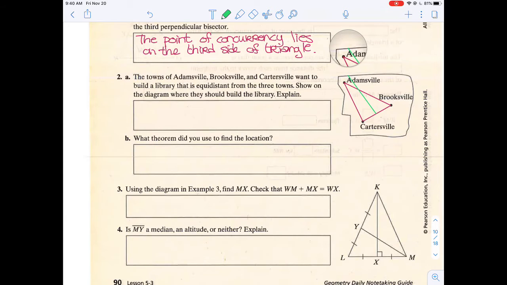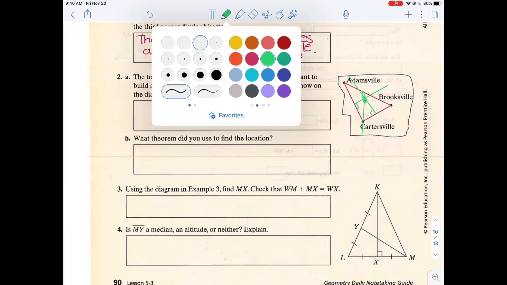No. But I'm going to draw it best I can. I want the perpendicular bisector of each of these lines. Okay, so pretending I'm a really great artist, this would be where we put the library.